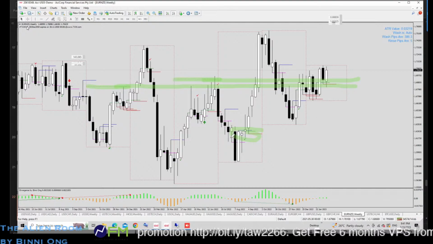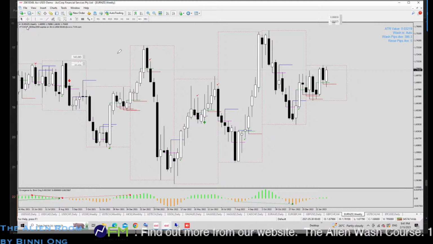You don't go and look for support resistance too far away, because H4 is really for us to do the trigger. Right. So that's how we use the auto boxes.